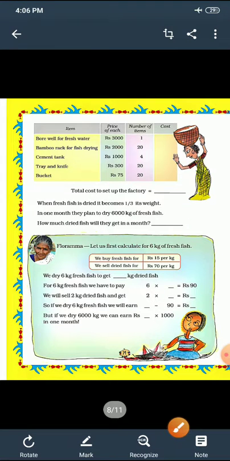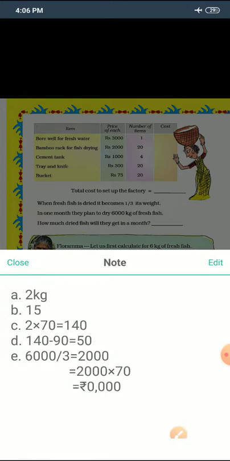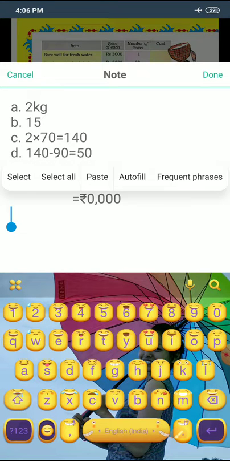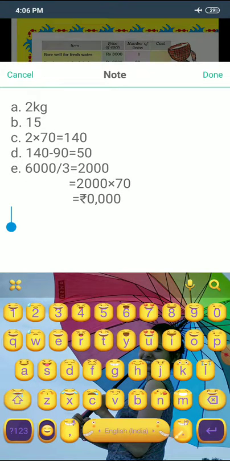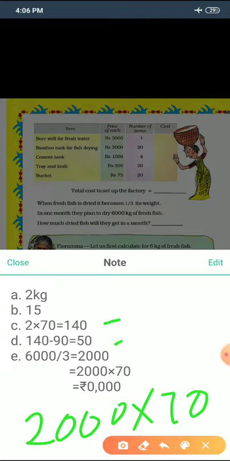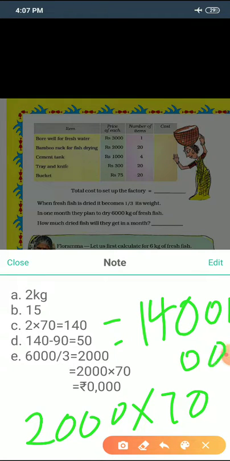Now after this we will find the cost of dry fishes. Dry fishes will be how much? 2000, because 6000 divided by 3 will be 2000. So 2000 multiplied by 70, that will be 1,40,000.